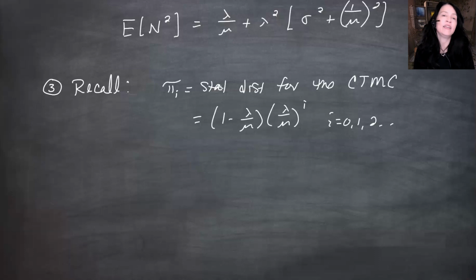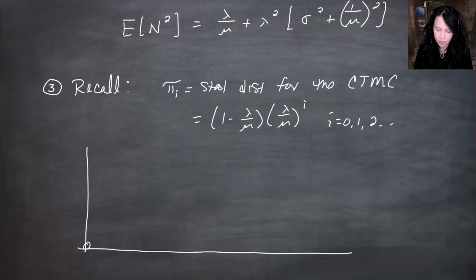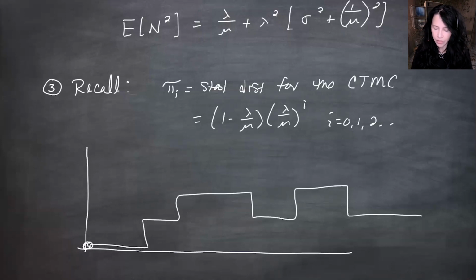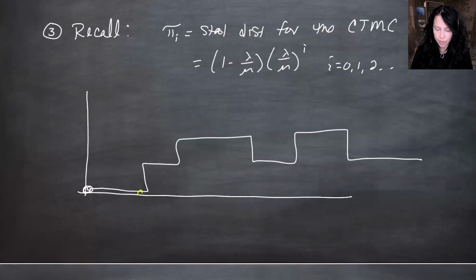And we look at the event embedded process. So every time something changes, and you might think that that is covered by PASTA, but it's not. So this is the number of customers. If you're looking at the pre-jump chain as covered by PASTA, you're looking right here.